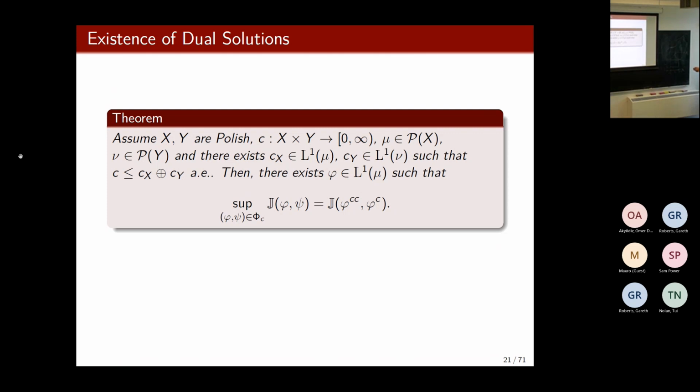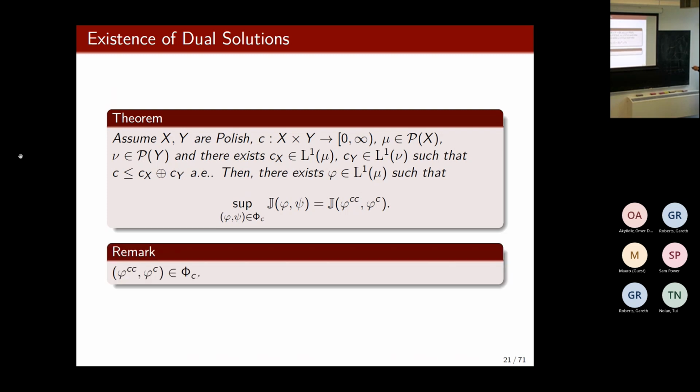Not only is there a maximizer to the dual problem, but this maximizer takes this form here, where for some phi, I can use the second C transform of phi in the first argument and the first C transform in the second argument. As a note, this pair is in the constraint set. Actually, I'll show that on the next slide.